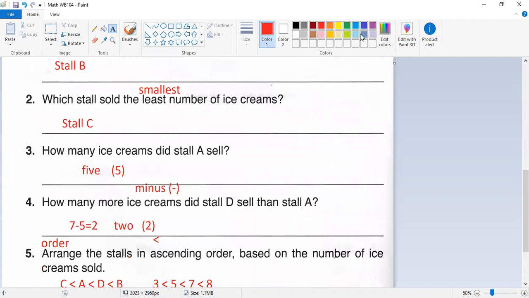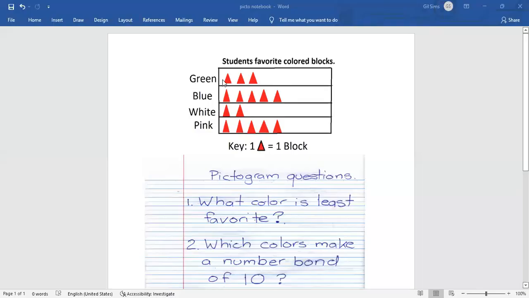Now, let's move on and see if anyone did yesterday's homework. No one in 110 did that homework. Did anyone finish their pictogram from yesterday with the blocks? Here's how it should have looked.